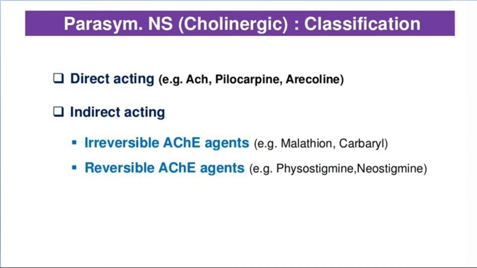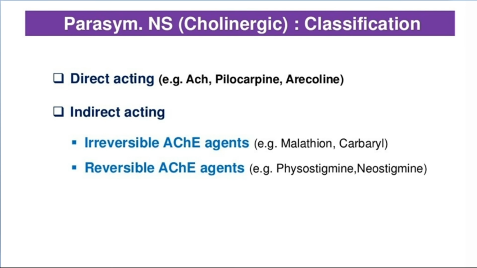Parasympathetic nervous system. Cholinergic classification. Direct acting, example acetylcholine, pilocarpine, arecoline. Indirect acting, irreversible acetylcholinesterase agents. Acetylcholinesterase is an enzyme which helps to break down acetylcholine in the synaptic cleft.